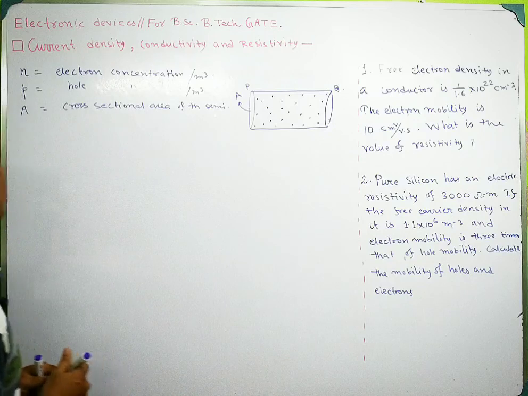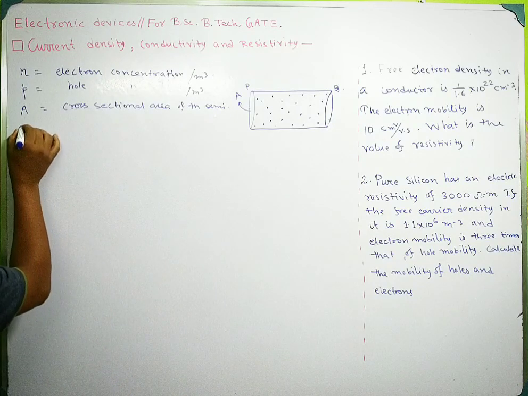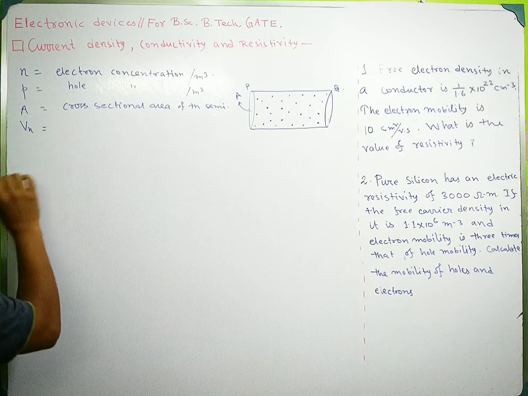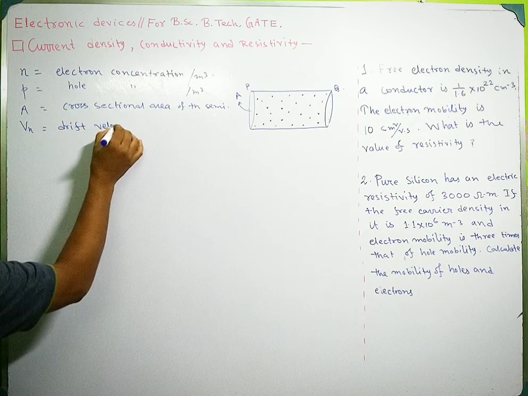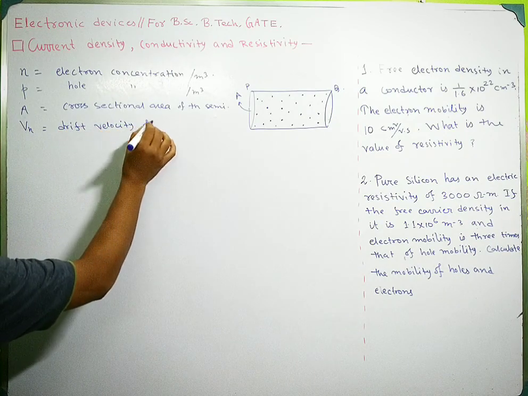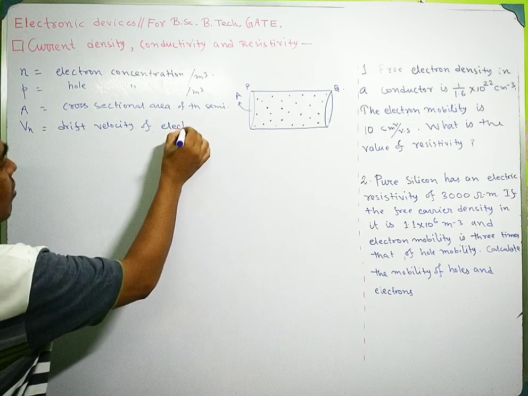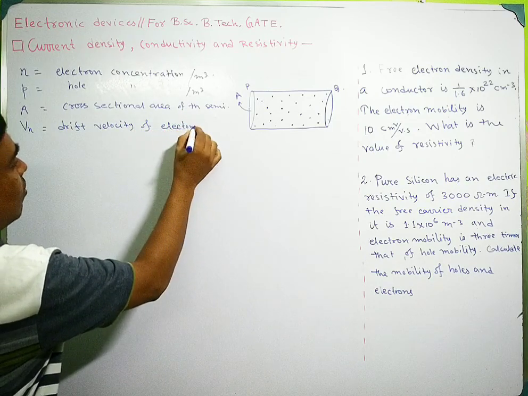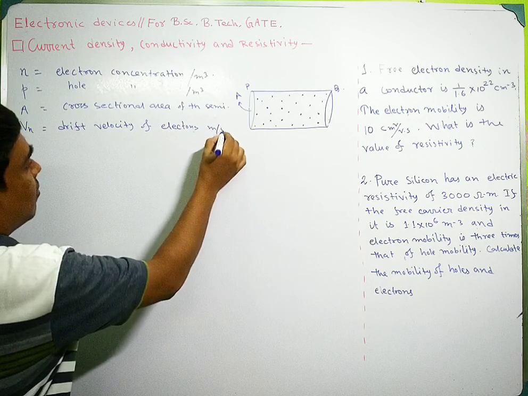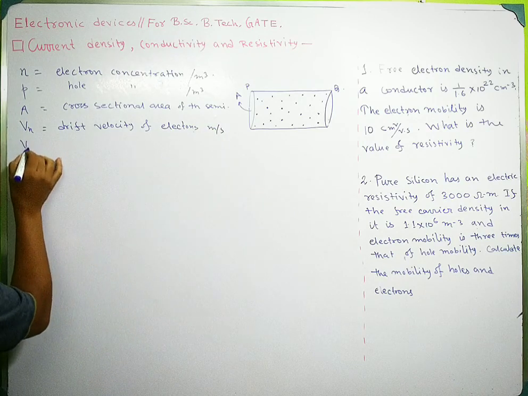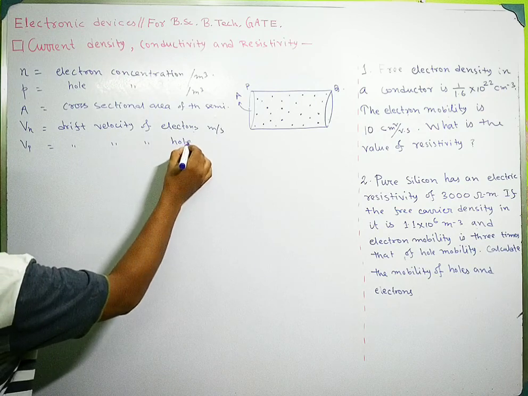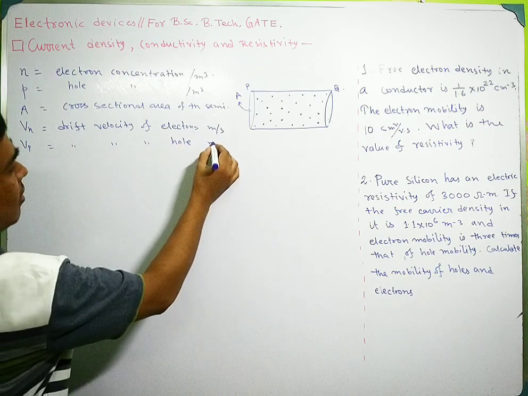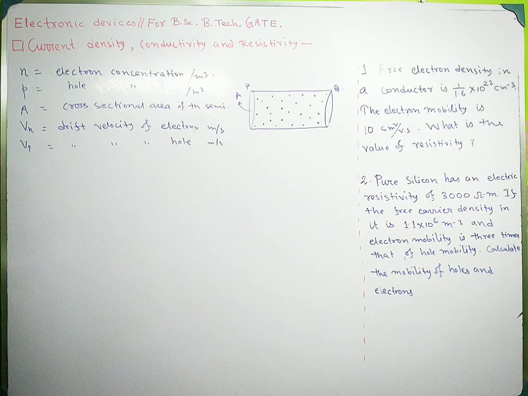So we take Vn is equal to the drift velocity of electrons in meter per second. As well, the drift velocity of hole is given by Vp, also in meter per second.